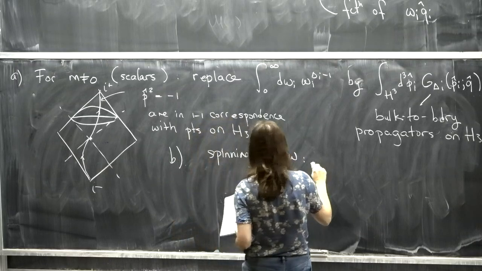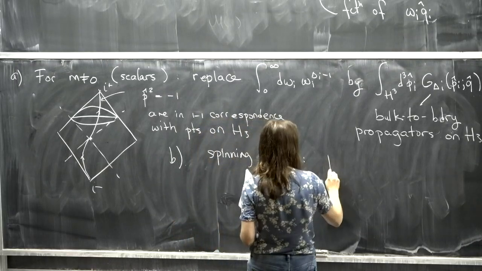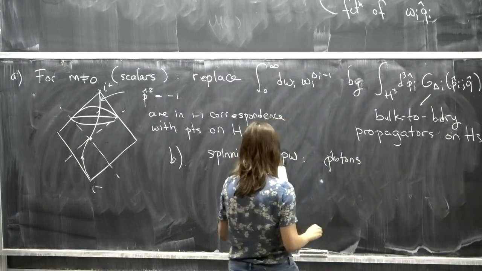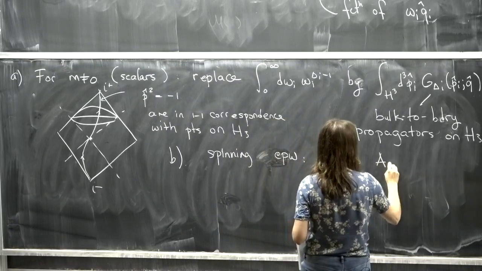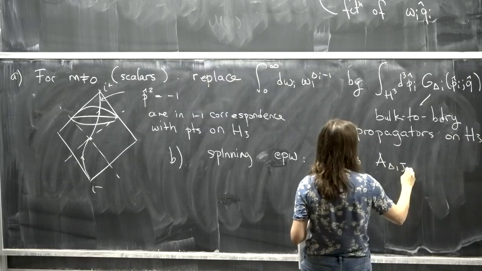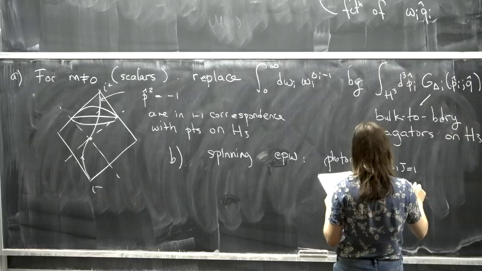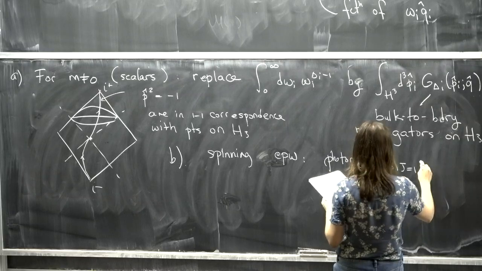So for example, photons have conformal primary wave functions that now are also labeled by a helicity quantum number J, either plus or minus 1, depending on the helicity.